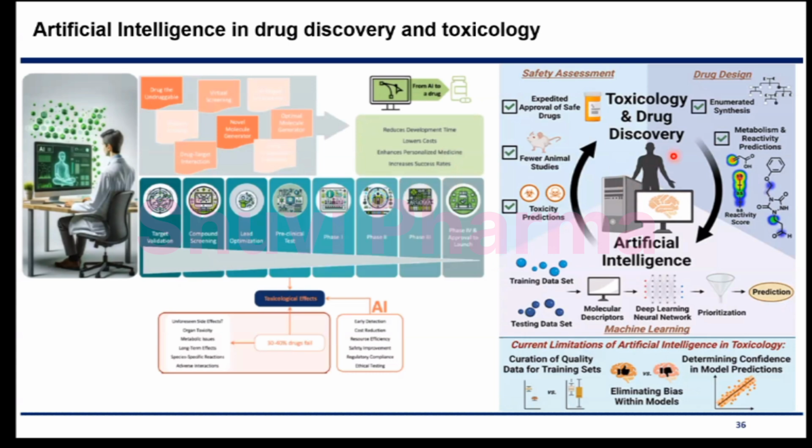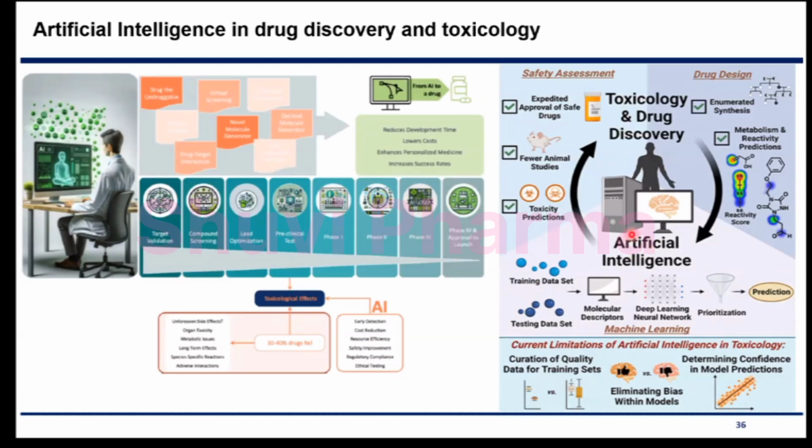So what people do nowadays is, you have the chemical structures, you put them in, and artificial intelligence can already predict a lot of things actually. So it's also part of the in silico that we spoke about in the beginning, getting more and more accurate because of artificial intelligence. There are still some limitations on the data, because essentially what it does is, you have to put in some data set.